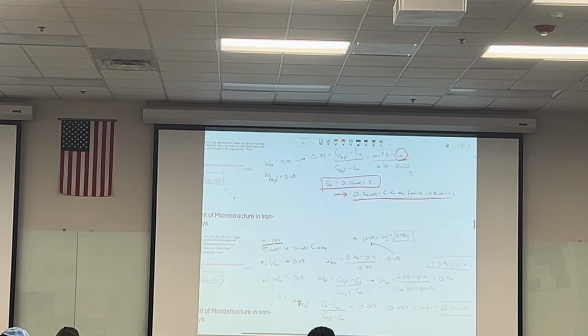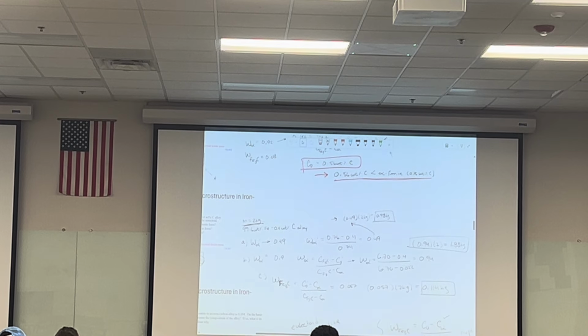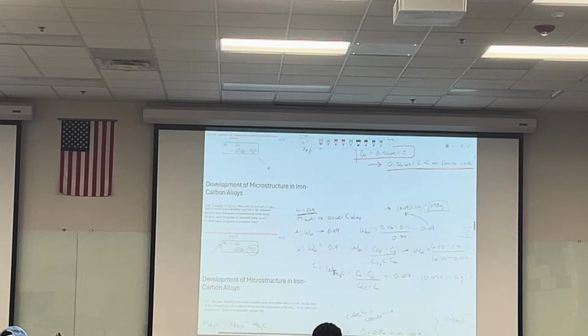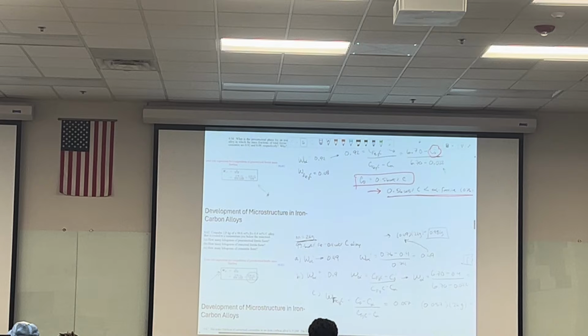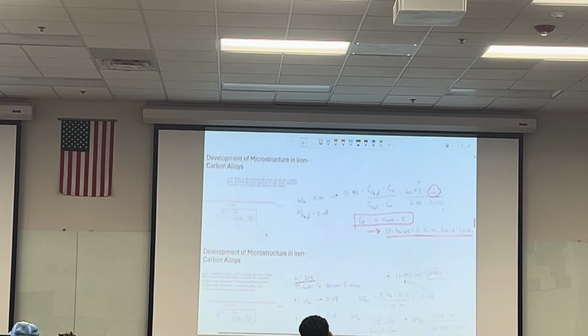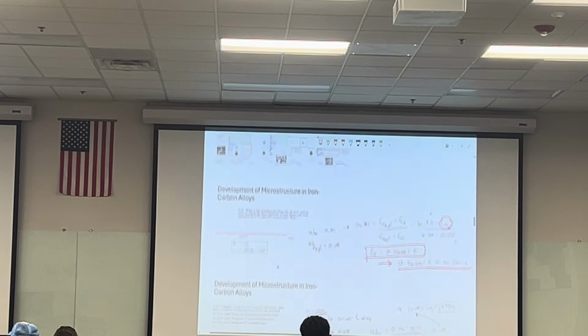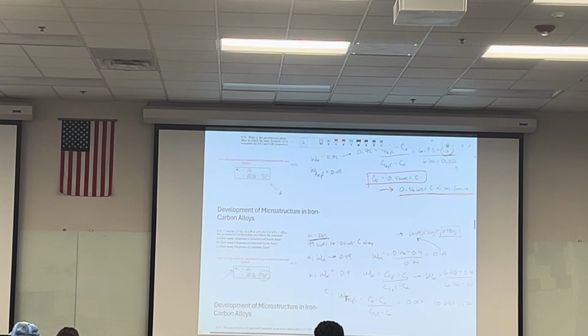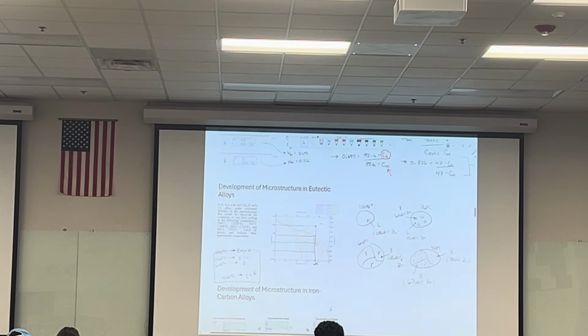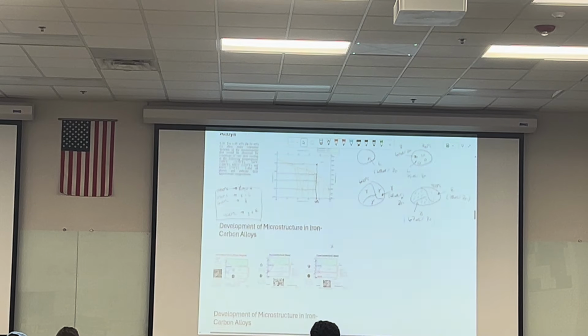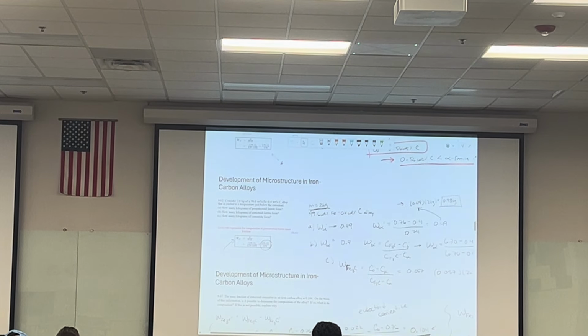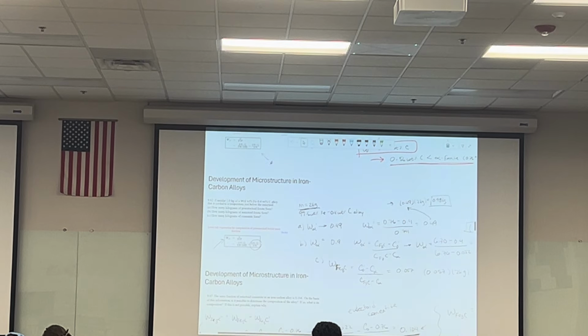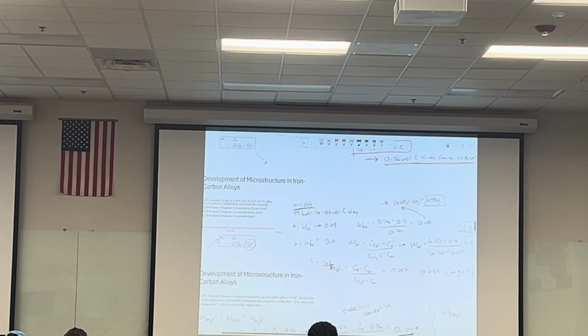And essentially we do the same thing again for part B and part C. For part B, it will be for the eutectoid cementite, and this is the formula here for that one.